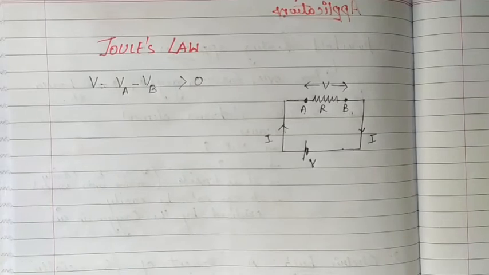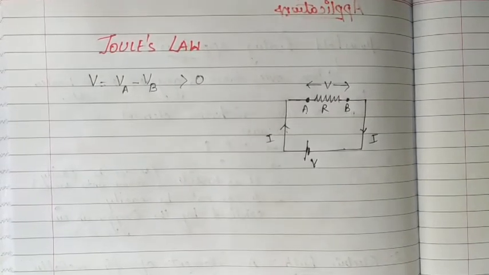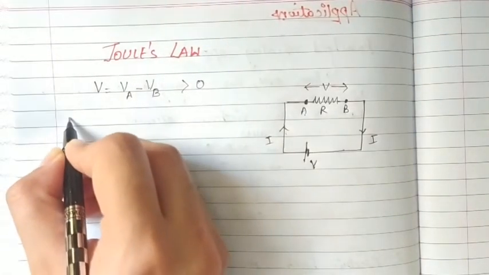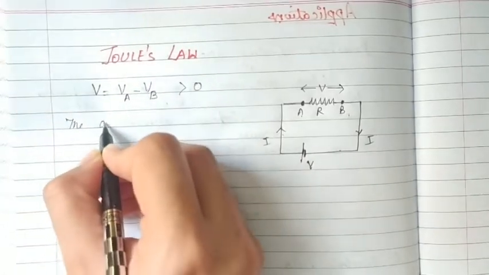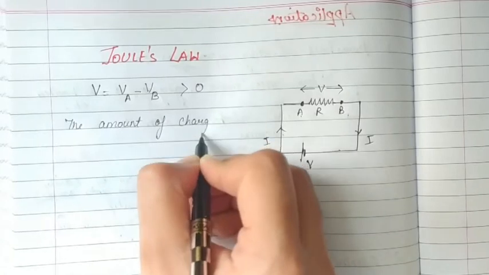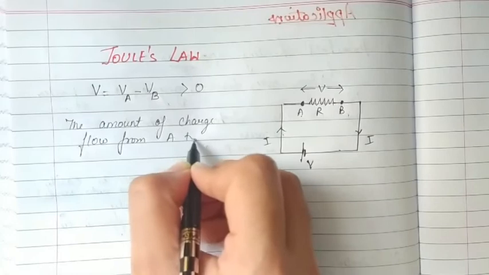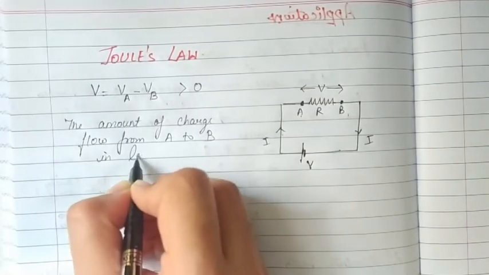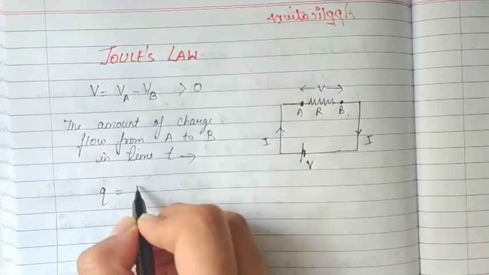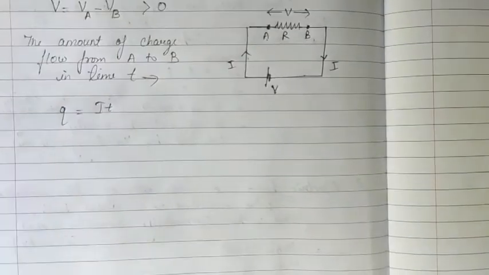Now the amount of charge that flows from A to B in time t is Q equal to I t. This is the charge flowing through the conductor AB in time t.